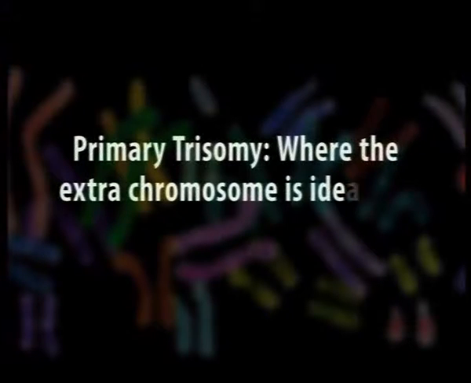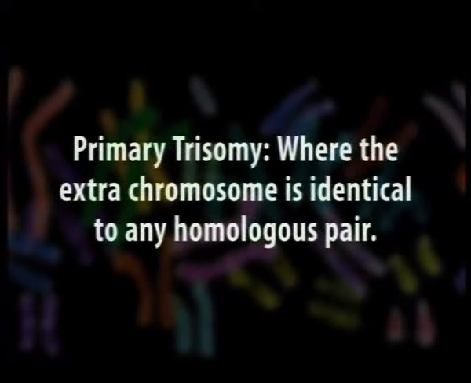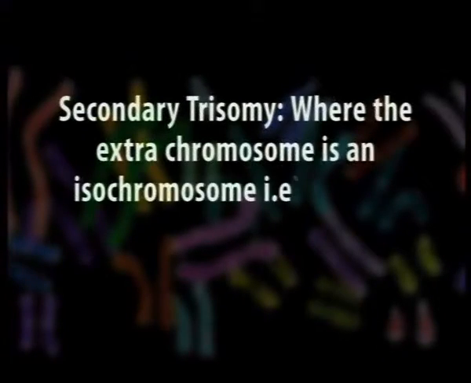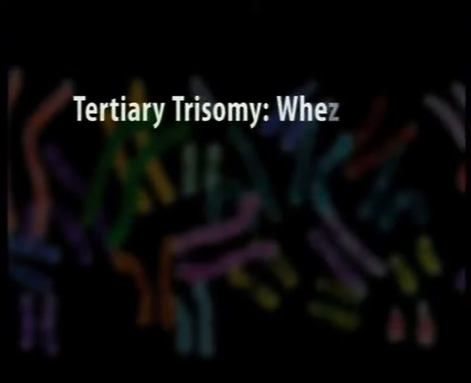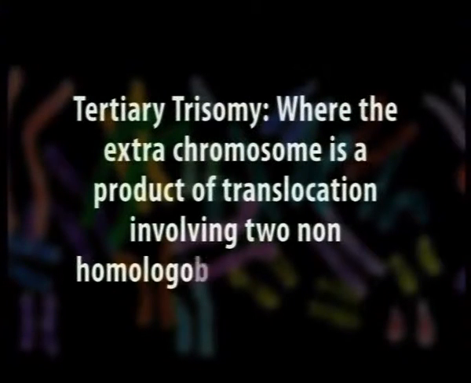For example, we have primary trisomy, in which the extra chromosome is a whole chromosome, that is, it is the same as the other 2 partners in the diploid condition of a homologous pair. Whereas in secondary trisomy, the extra chromosome is an isochromosome, that is, the 2 arms of the chromosome are the same. Then there is tertiary trisomy, where the extra chromosome is a product of translocation.